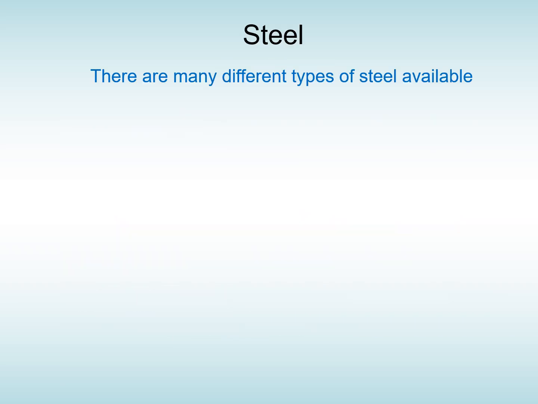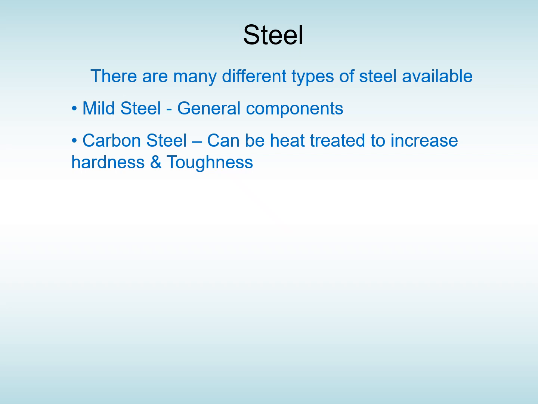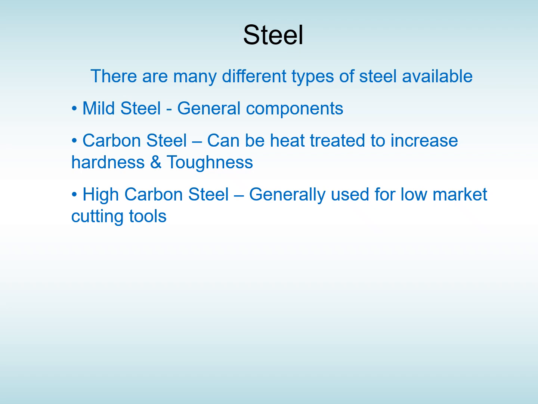Now we move on to steel. There are many types of steel available. There's mild steel, which is used for general components. Carbon steel, which can be heat treated to increase its hardness and toughness. High carbon steel, which is generally used for low-cost cutting tools.